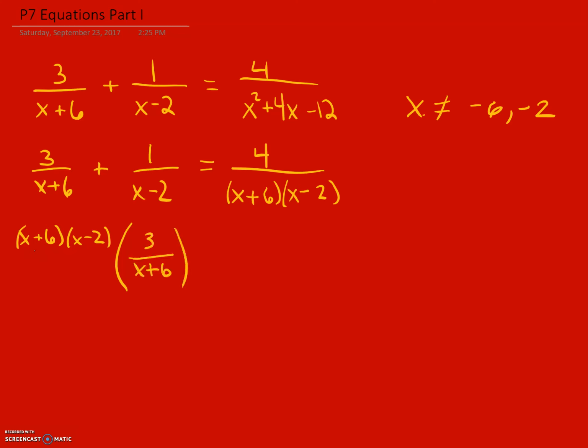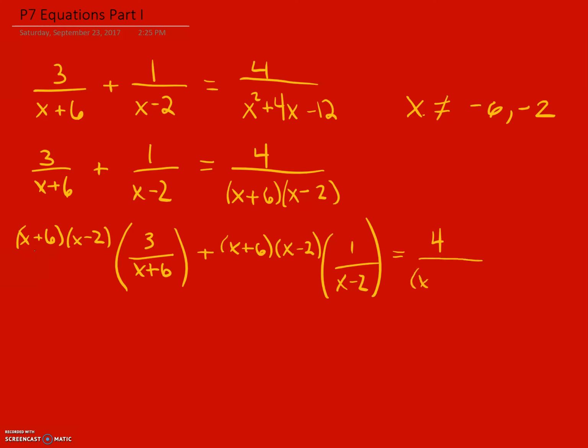and it needs to be distributed to 1 over x minus 2, and we also have to do it to the other side.